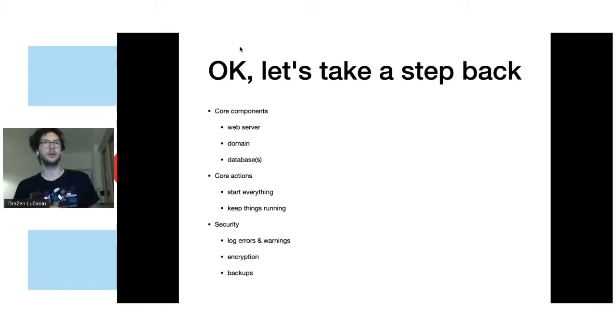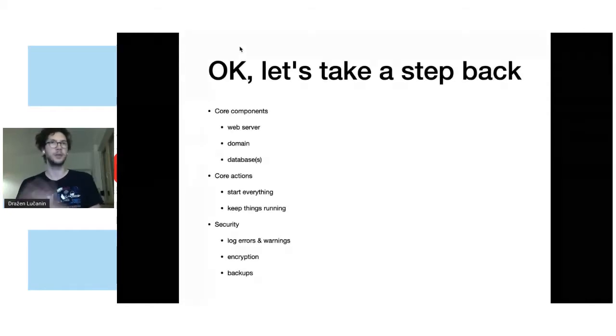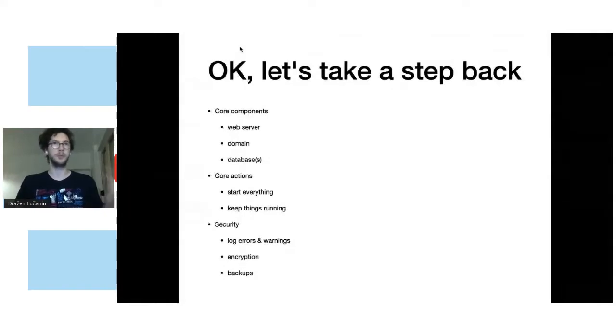So to deploy a Django web app, you need a web server that's going to be hosting your app. You need a domain that's going to be pointing users to this web server. If you're doing anything more complex using Django models, you're going to have to store them in some sort of database or multiple databases. And then you have some core actions, like you want to start everything up and keep it running, so as to allow people to connect to the server.